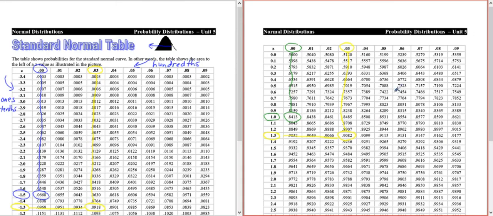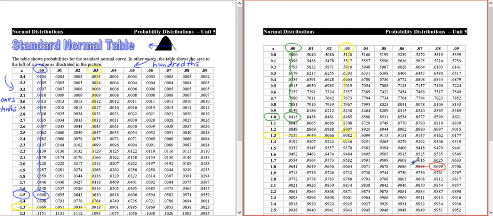Remember that these numbers in the table are the probabilities, not these. So you're not looking for 0.97 here along the z-score. You're looking for the probability. Which probability is as close as possible to 0.97? That looks like it's this one right here, 0.9699. So that's where you're starting with the probability in the table.